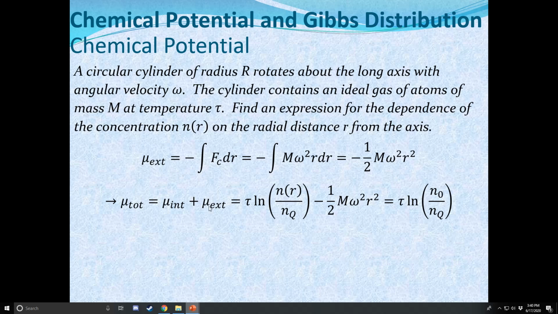But again, the way we do it is by setting the total potential at some distance r equal to the base concentration potential. So moving things around, I know it's really hard to see, but this is supposed to say n0 e to the m omega squared r squared over 2 tau.